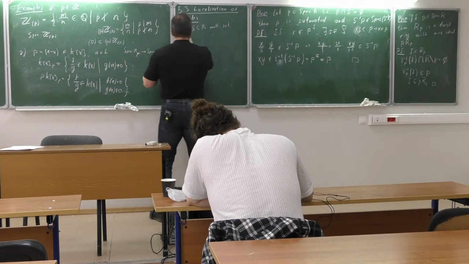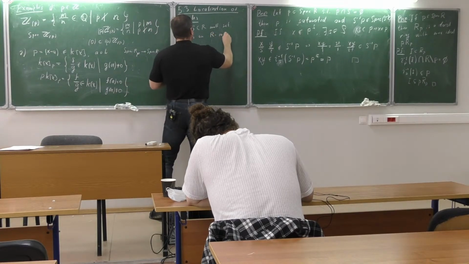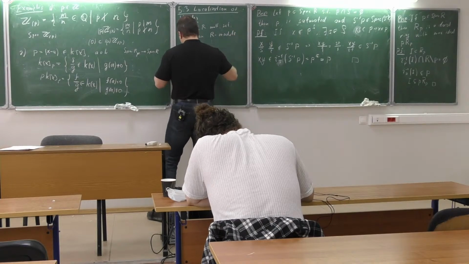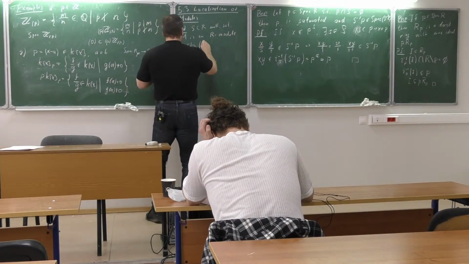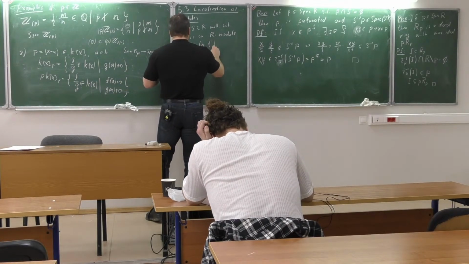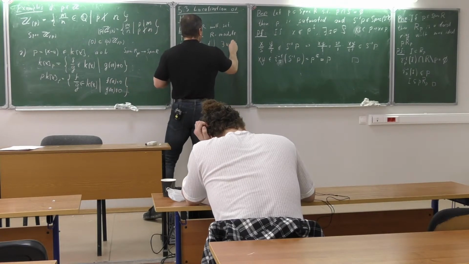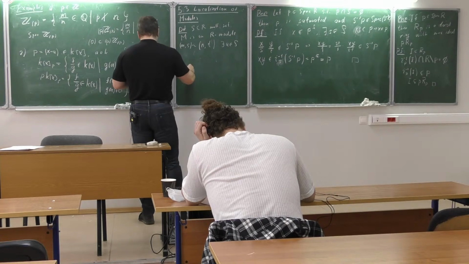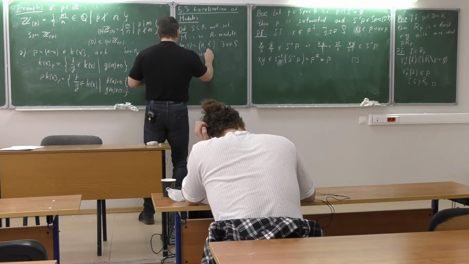Now we have a module, so M is an R-module. And again, we can consider pairs (m, s). We can introduce the equivalence relation in the same way as before. So two pairs are equivalent if there is an element u in the multiplicative set S such that u(tm) is equal to u(sn).